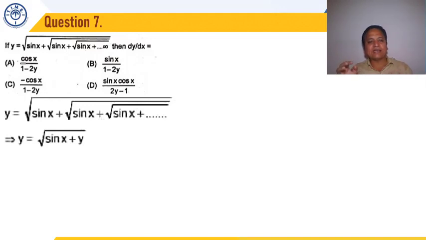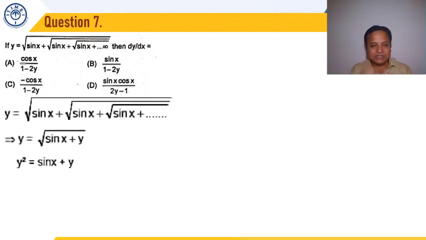Because if from infinite times I hide one under root sine x, it will not change the function. It will remain y. Now, if I square both sides, left hand side is y square and right hand side is sine x plus y.